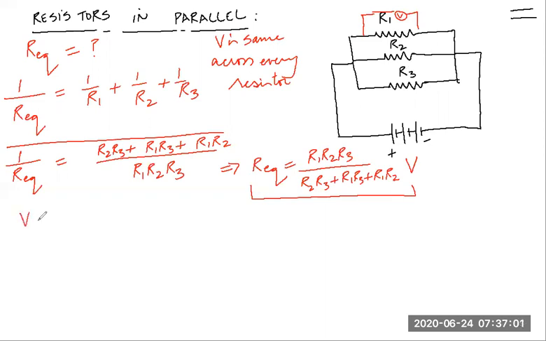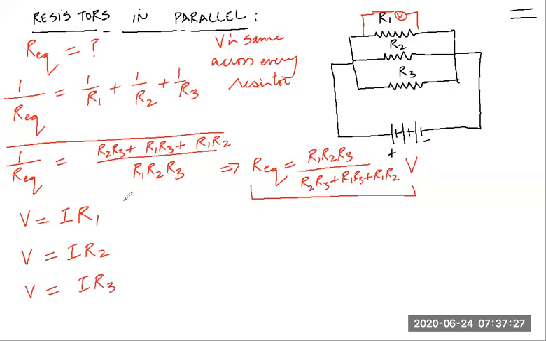Now V is always the product of current and resistance. Now resistance of this is R1, and the second V is equal to what? I into R2. The third voltage is I into R3.